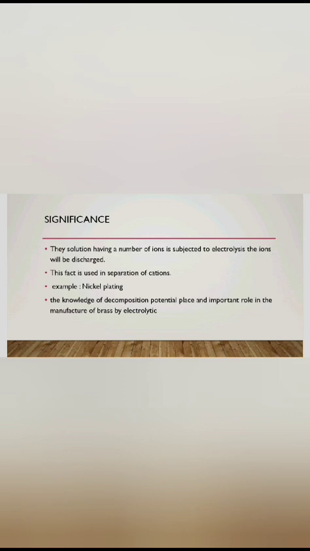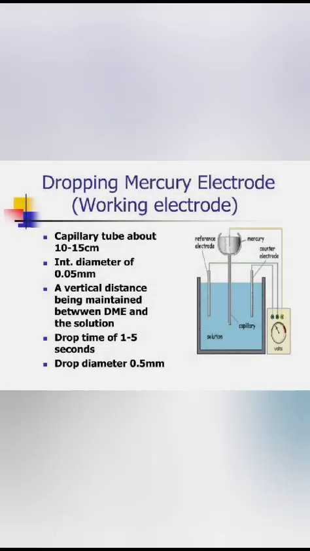Decomposition potential helps us in electroplating. For example, in nickel plating, the concentration should not exceed a certain value, otherwise hydrogen will be evolved, and the plating will not be smooth and firm. The knowledge of decomposition potential plays an important role in the manufacture of brass by the electrolytic method.